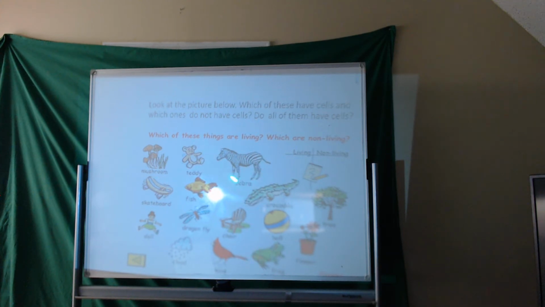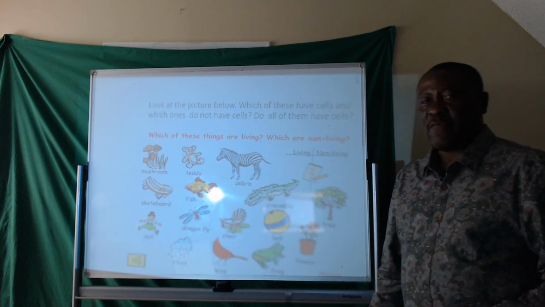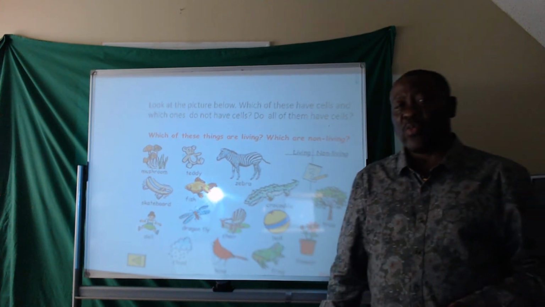I have a zebra, a teddy bear, a mushroom, a skateboard, a fish, an alligator, a notebook paper, a tree, and a frog. So look at it very carefully. Would you be able to tell which ones have cells?